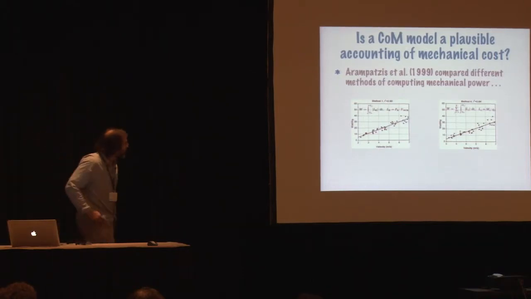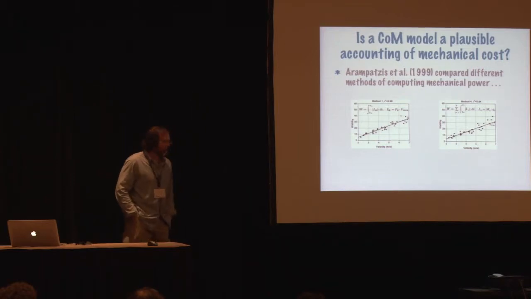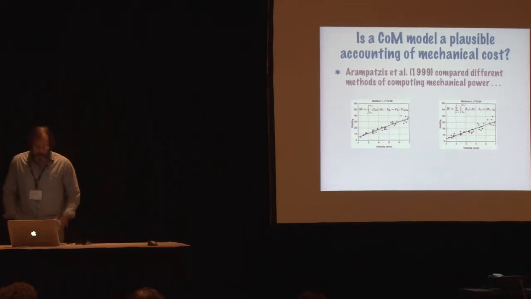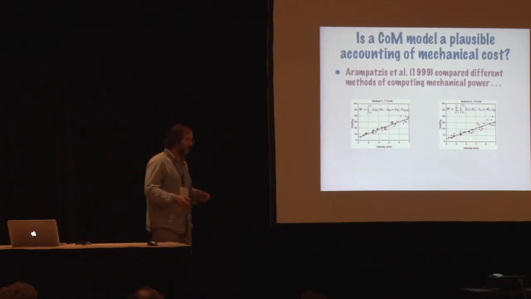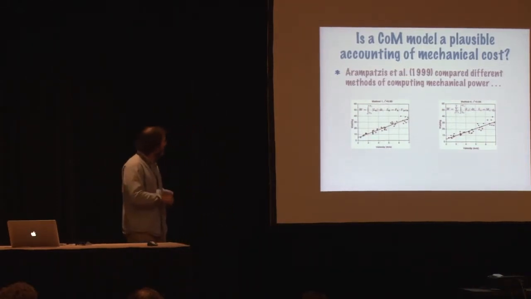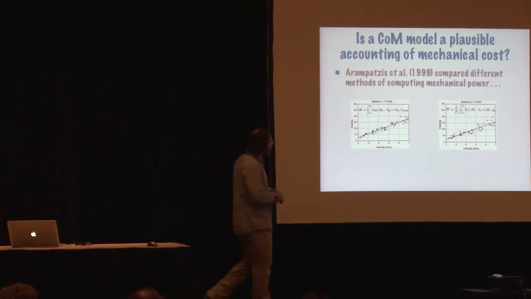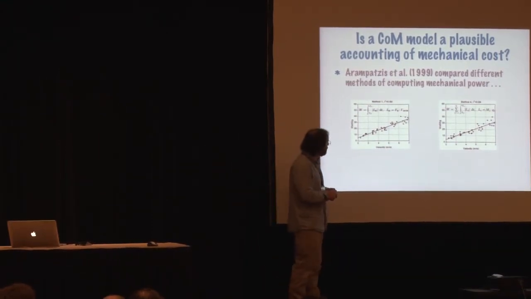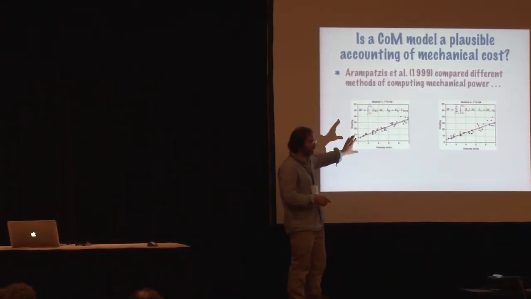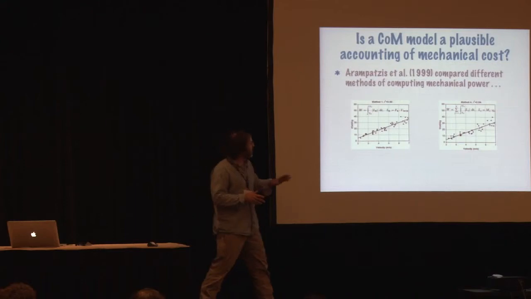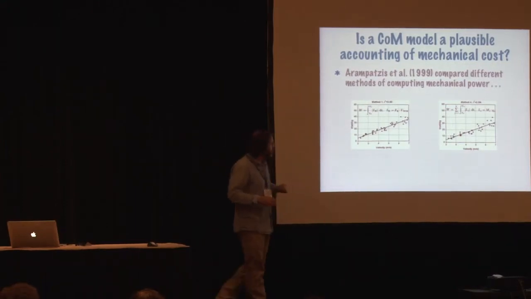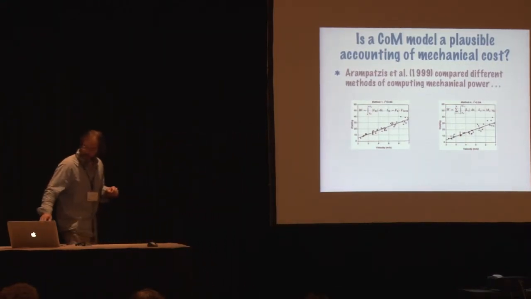So really quickly before I go on, I want to suggest that it may be more sensible than we think, given the complexity of parts swinging around, to analyze the center of mass mechanics as a starting point. This is a fairly old study by Rampositz, looking at mechanical power across speed.